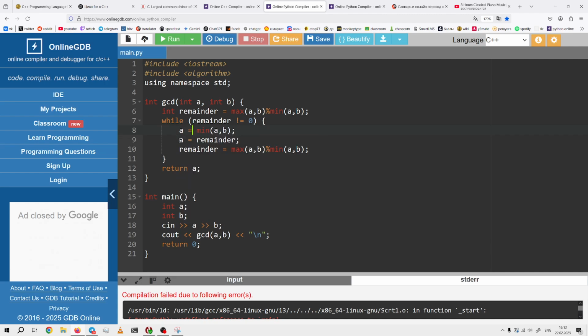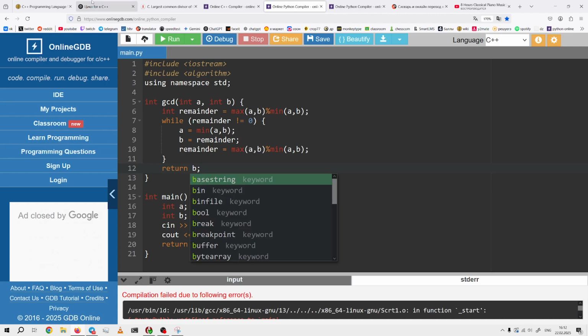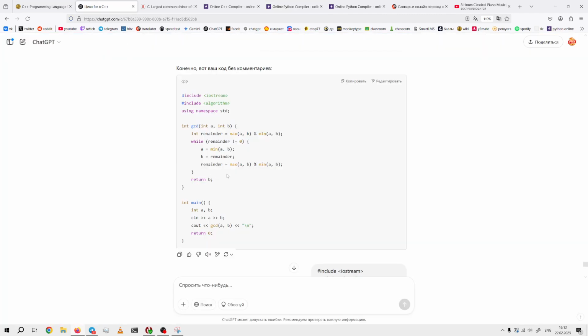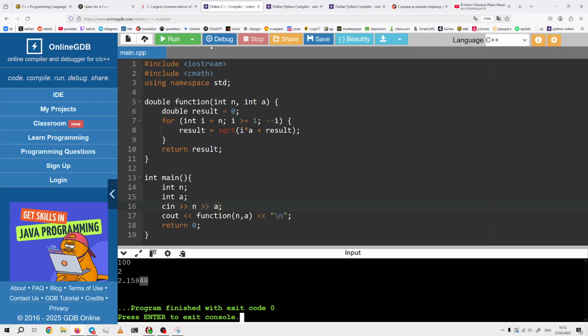Okay, let me change it a little bit. Like this. Is it actually working?